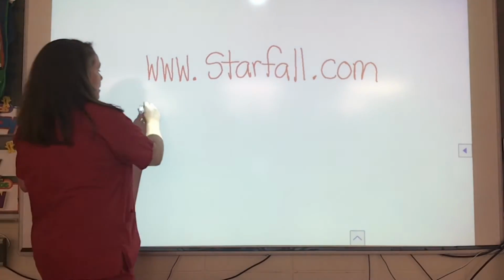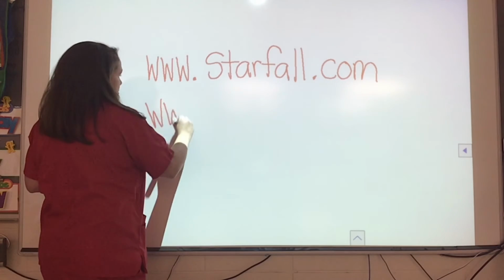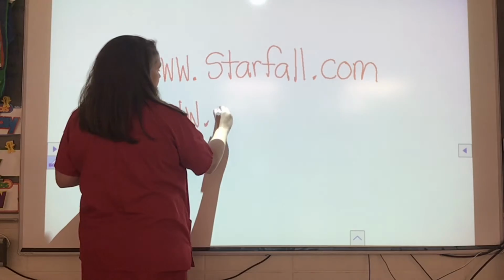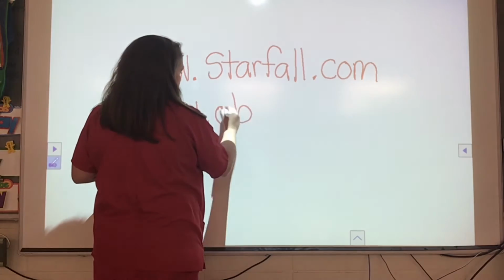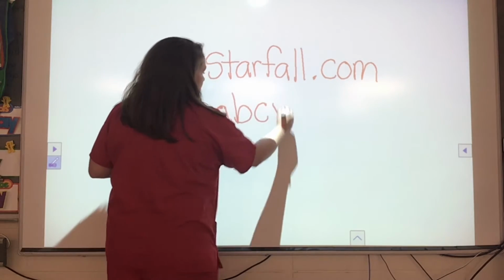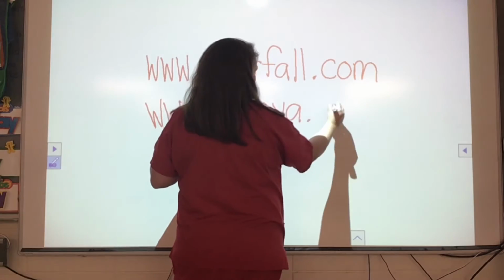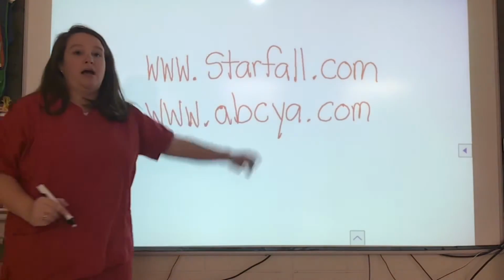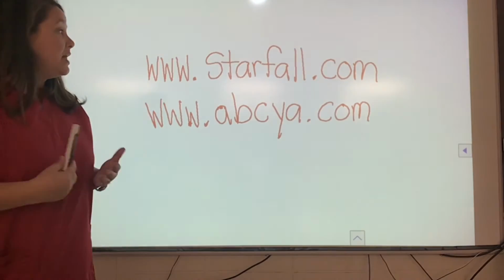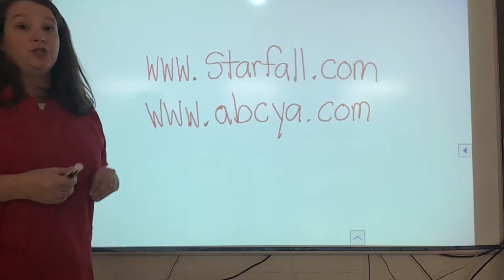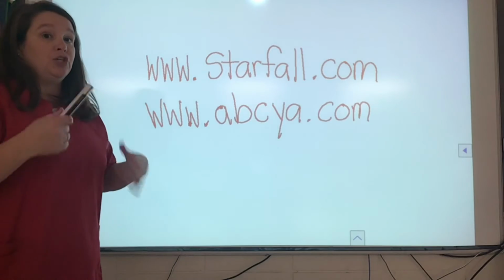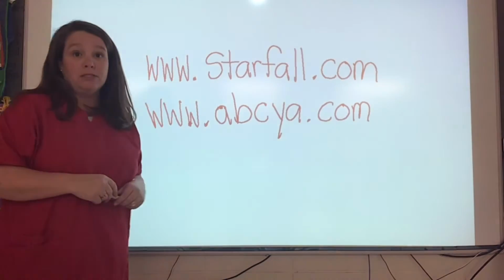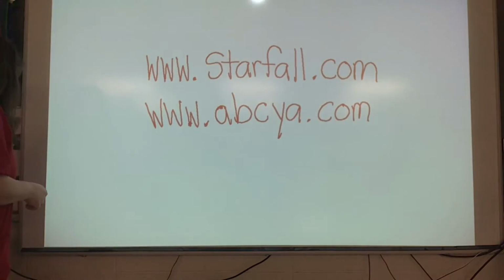And then the second one that we used was, whoop, got a W there. The second one we used was abcya.com, and we used both of these last week also, but I'm going to try to remember to put these up every day just in case you were to forget which website that Miss Smith has used for our extra help.